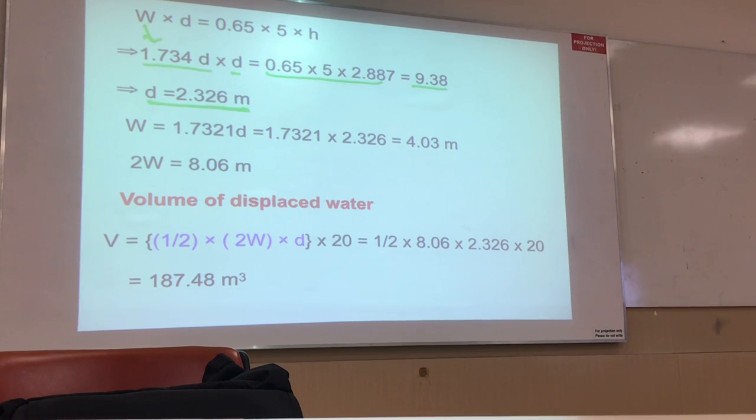So W becomes, from the previous equation, 1.7321 times D. I substitute the value of D here, I get 4.03 meter. So 2W is 8.06, which is A. You remember, right? In the previous slide, I showed you A. So then volume of displaced water is equivalent to this number.